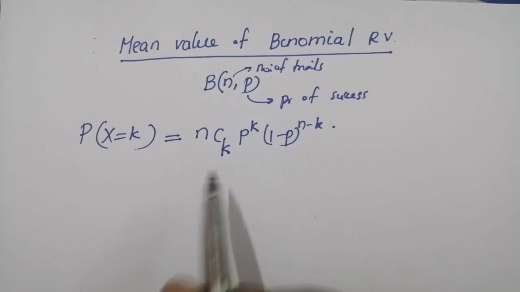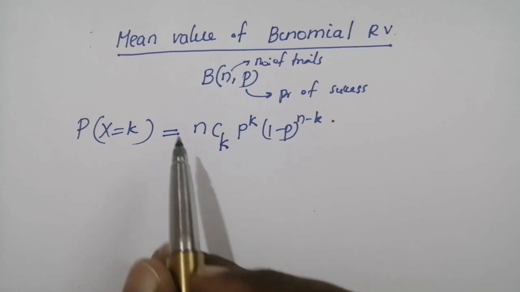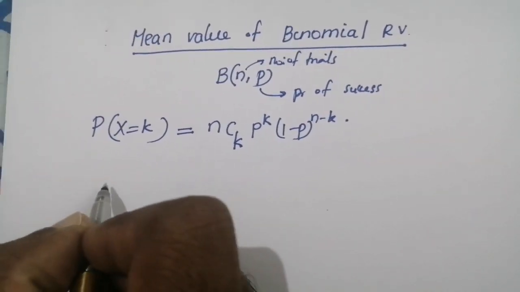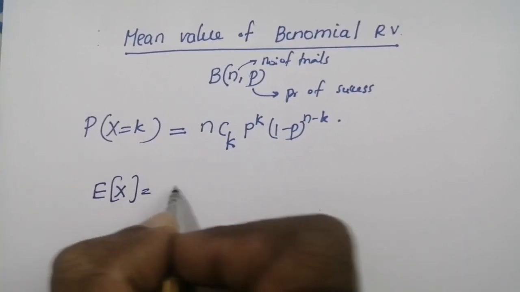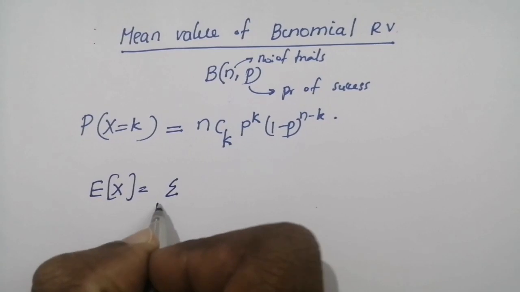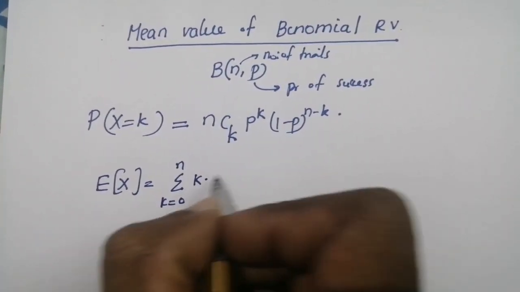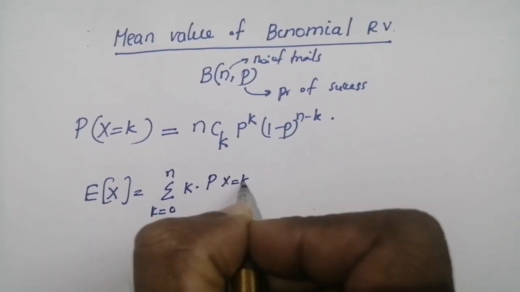In a binomial experiment, the value of k can take any value from 0 to n. So by the definition of mean value, we can write E[X] equal to the sum from k equal to 0 to n of k times the probability that X equal to k.